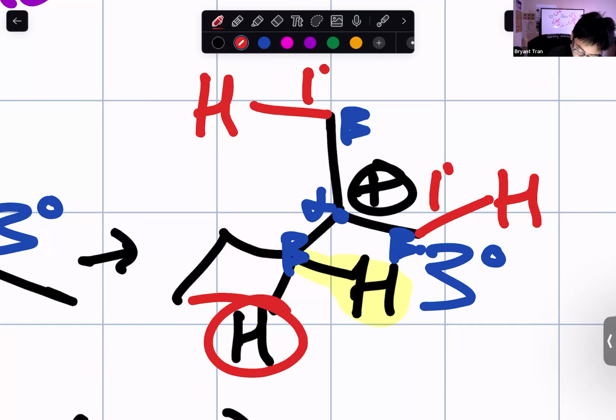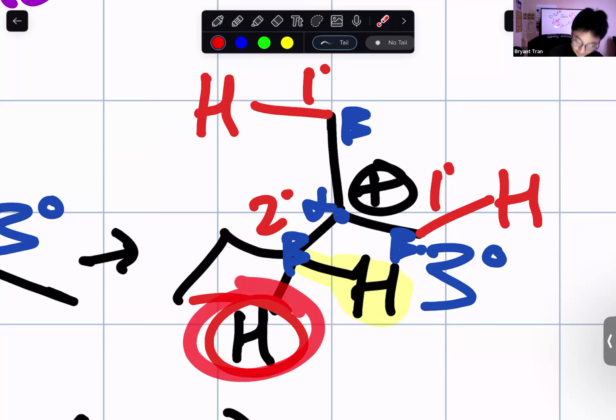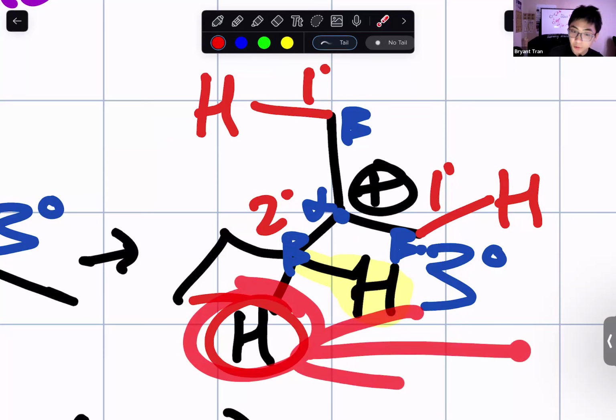This is also primary because this carbon here is attached to one other carbon. And then this carbon here is secondary, right? Because this beta carbon is attached to two other carbons, 1, 2. So we are going to be interested in this hydrogen here. We're interested in that hydrogen because it's the most substituted hydrogen, which will lead us to the most substituted alkene.